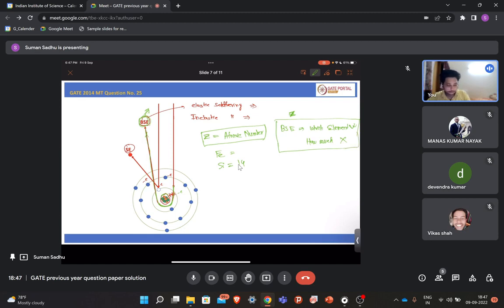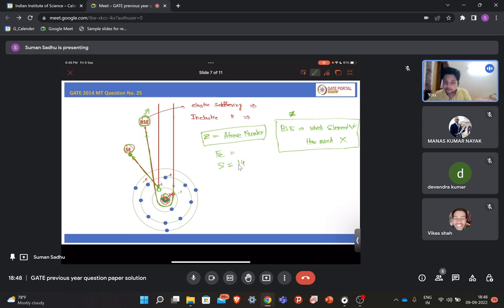Now what is the secondary electron? A secondary electron is when the beam electron knocks out one of the sample's electrons, and that electron comes out from the sample. So this is basically a sample electron, coming from the sample.